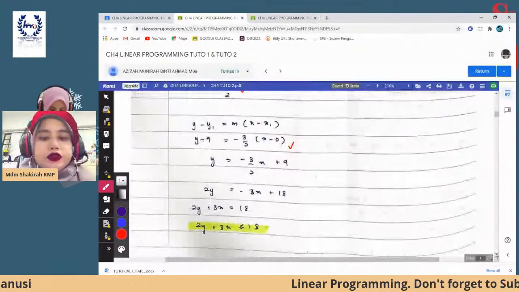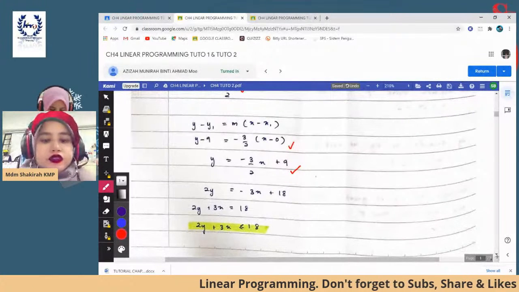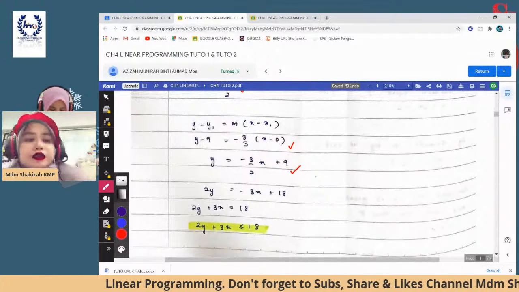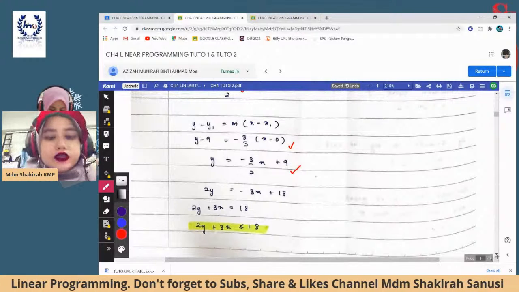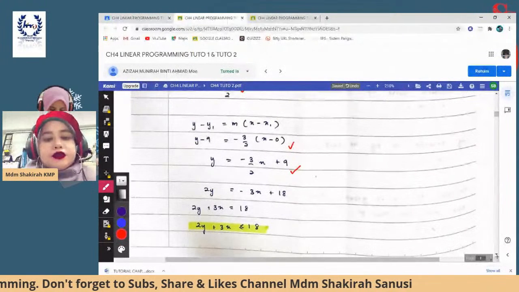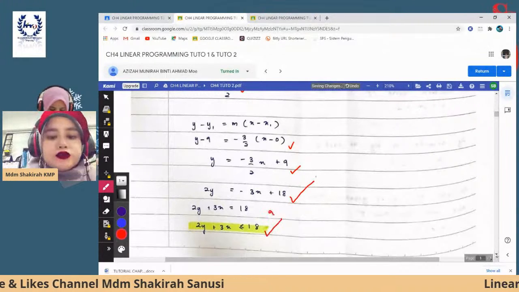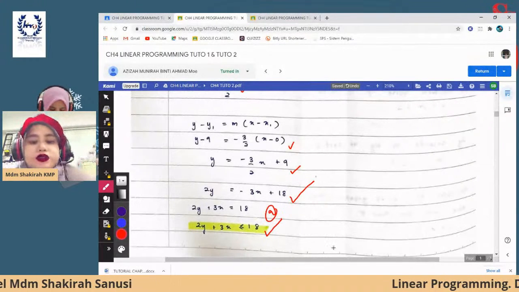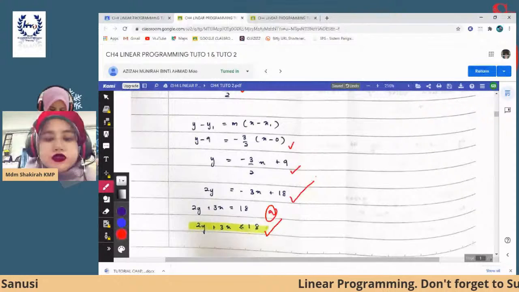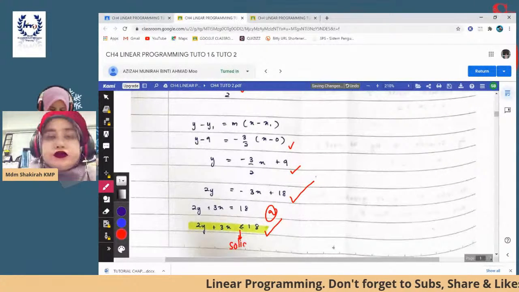Alright, so you dapat you punya persamaan and susun. Okay, biasanya dalam linear you nak maintain terus dekat sini pun boleh, nak buat yang kat bawah pun boleh, mana-mana pun boleh. Either one. Alright. So kenapa dia less or equal? Because this is solid.